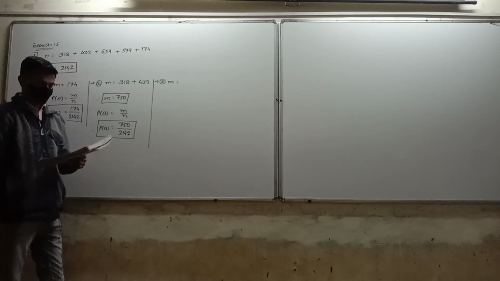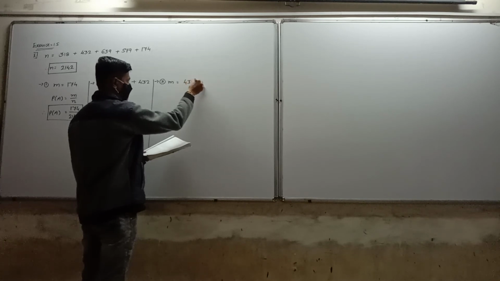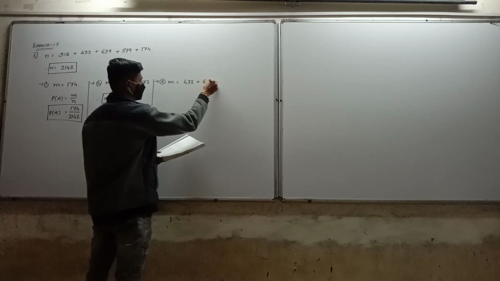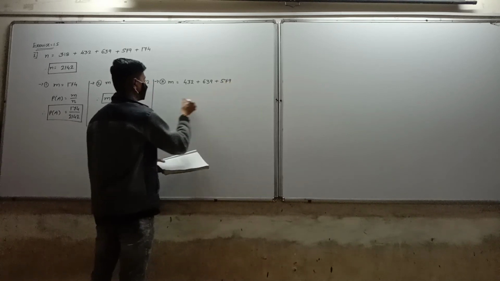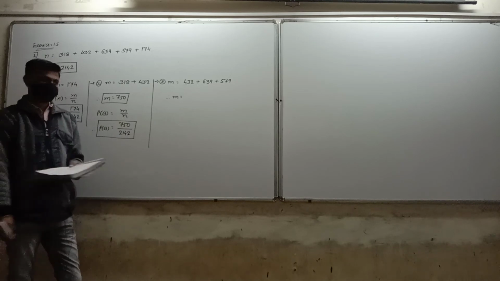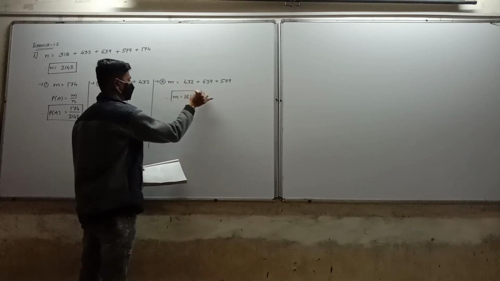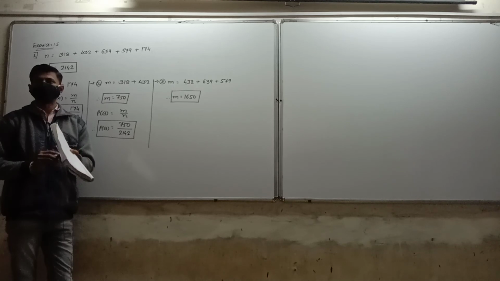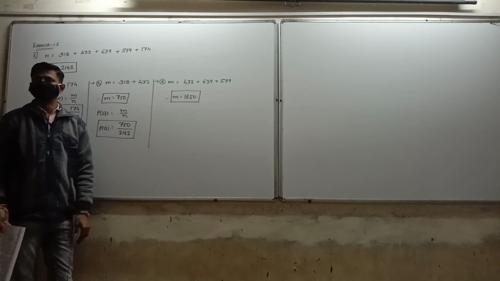M is equal to 432 plus 639 plus 579, 1650. Total number of travelers with monthly travel expense between rupees 600 to 900, 1650.